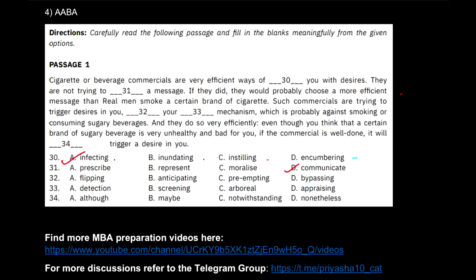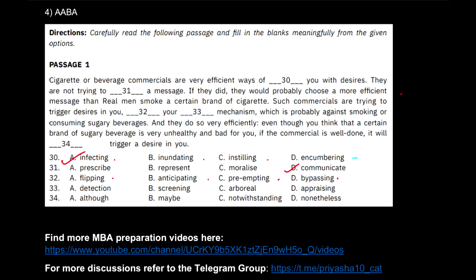So changing your present mechanism can be that one simple thing which comes to my mind. So changing can be done with the help of flipping, anticipating, pre-attempting, or bypassing. Well, if I cross or change something, it can either be flipping or be bypassing. But I will wait for the 33rd blank also so that I can be more sure.